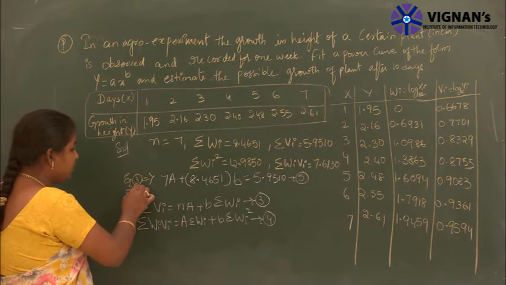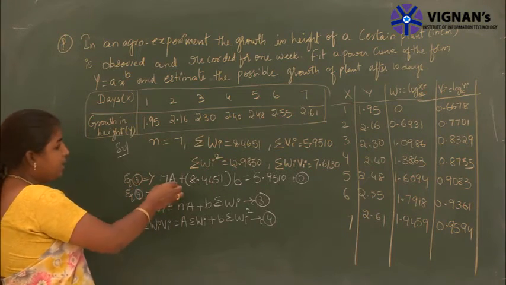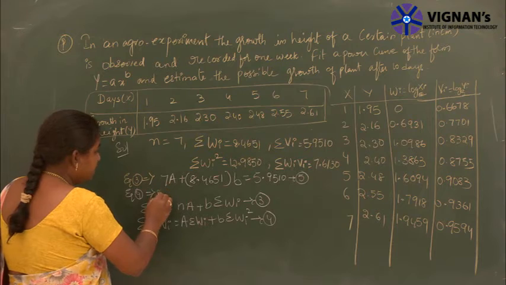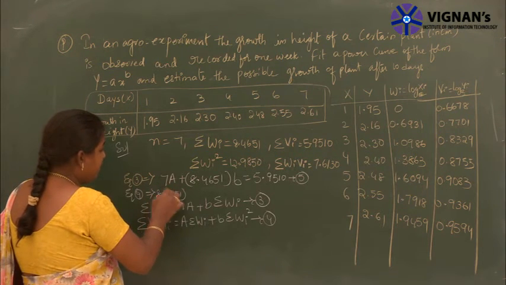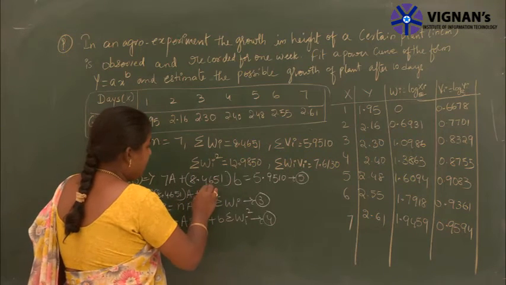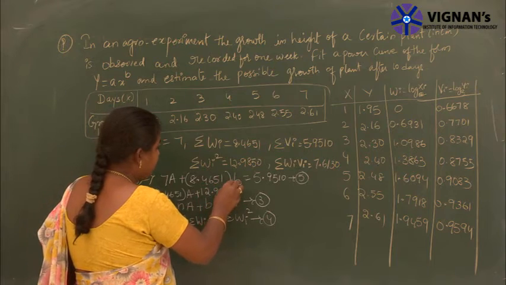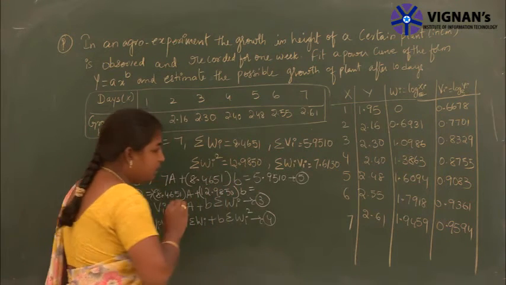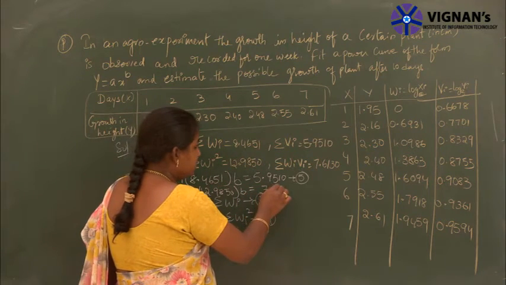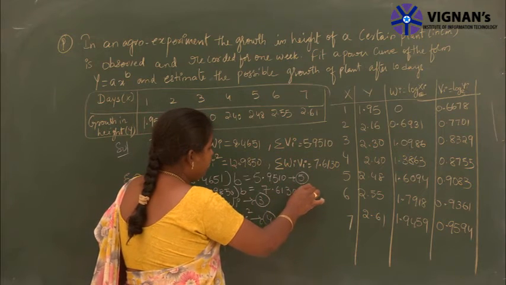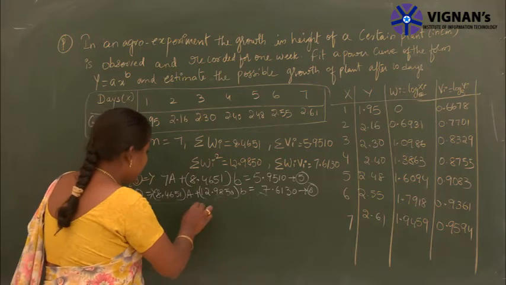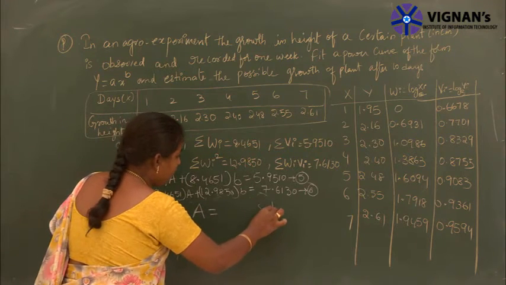Equation 4 implies, for the second equation, 8.4651 A plus summation wi square, 12.9850, into B is equal to summation wi into vi, 7.6130. Let this be equation 6. Now we are solving equations 5 and 6. We get capital A and small b values.